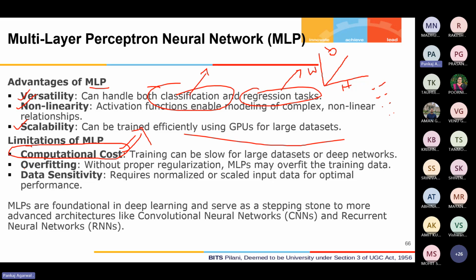It might result in very typical problems called overfitting and all those things. Data sensitivity also, because data needs to be normalized, right? So these kinds of limitations would always be there. And whatever you hear about deep learning networks are nothing but MLPs. So these are the foundational blocks for deep learning networks, right?